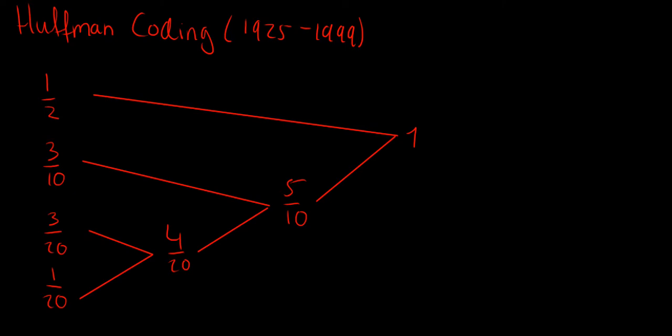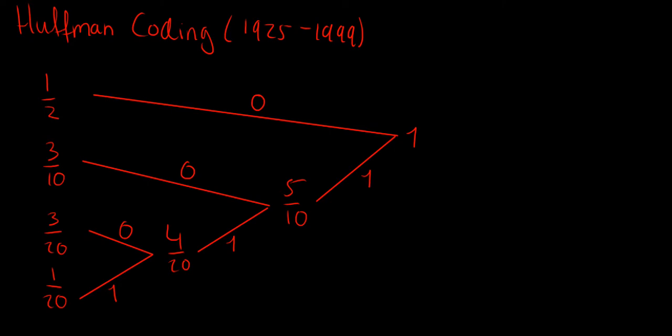Now what? For every line that we've drawn that's going upwards, we will write down a 0. A 0 here, a 0 there, and a 0 there. For every line going downwards, we will write a 1. A 1 and a 1.